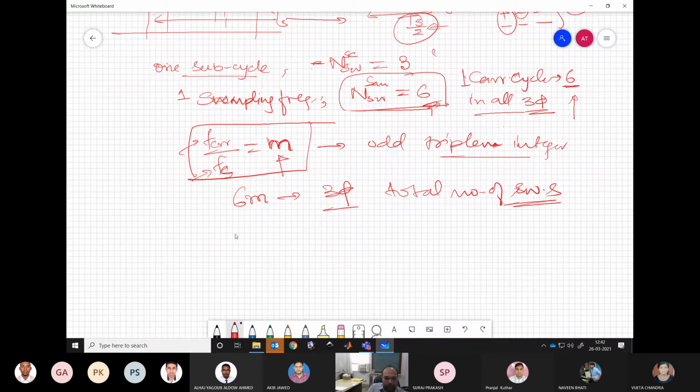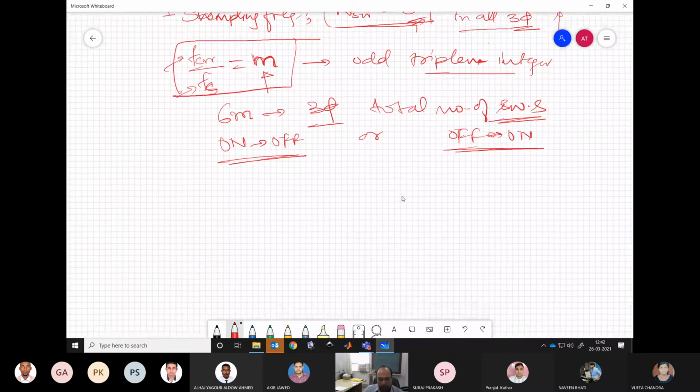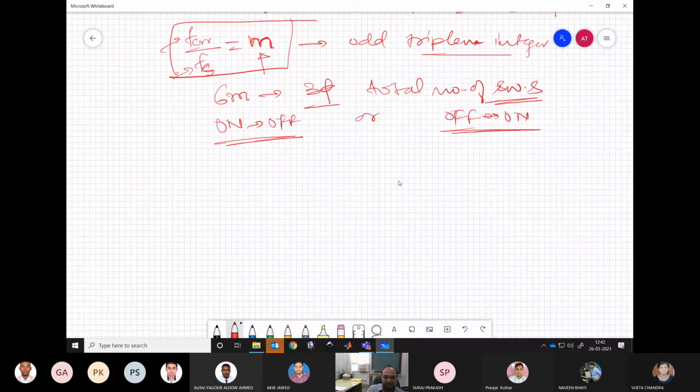Getting my point? When I say switching, this means whether on to off or off to on with respect to the top switch. Is this clear or not? Yes, sir. Then let me say another term, which is switching cycle, which is complete when we have on to off and then off to on.